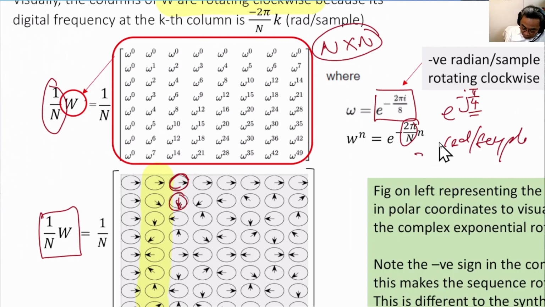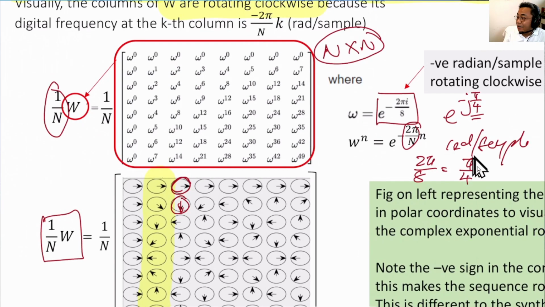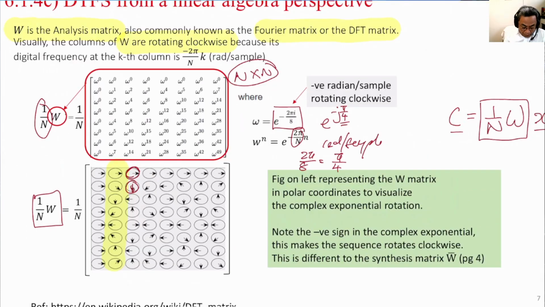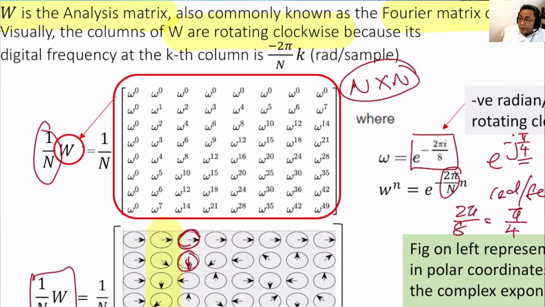Because we are talking about 2 pi over 8, every sample we are rotating by pi over 4 radian. But of course in this column we are moving 2 times faster, in this column we are moving 3 times faster, and so on. So to summarize, as the columns go from column 0 to column 1 to column 2, the complex phasor is rotating faster and faster.